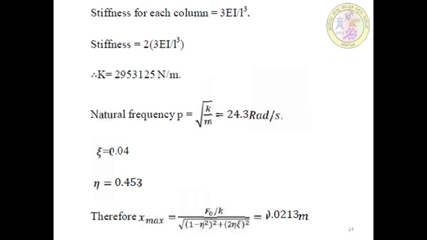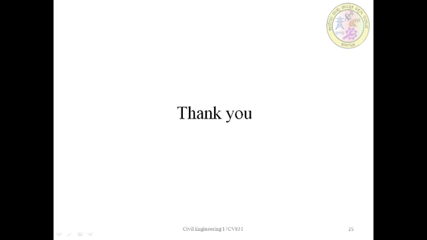So in this session you have seen forced vibration, where the forcing function is a harmonic force. Here we have seen the harmonic force acting on a single degree of freedom system with damping and without damping; if chi is equal to 0, it is called the undamped case.